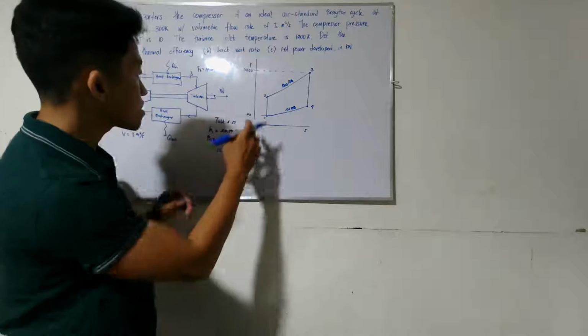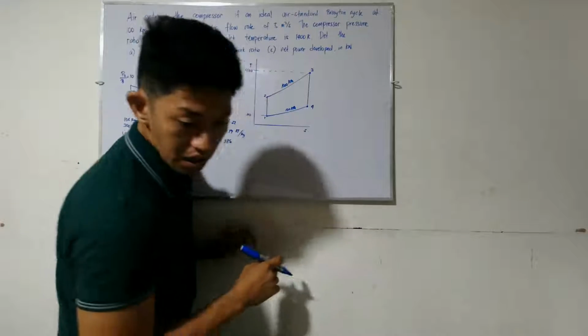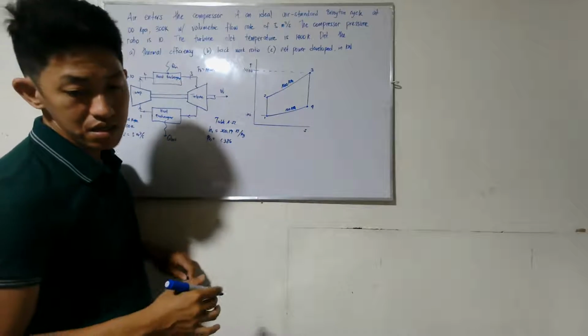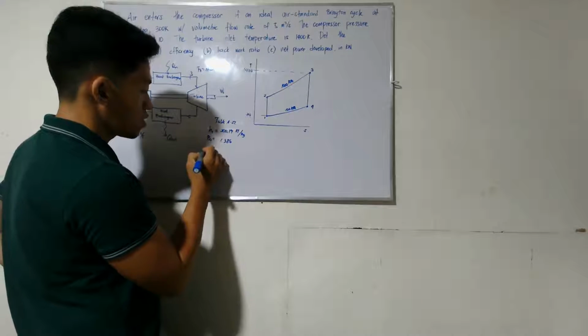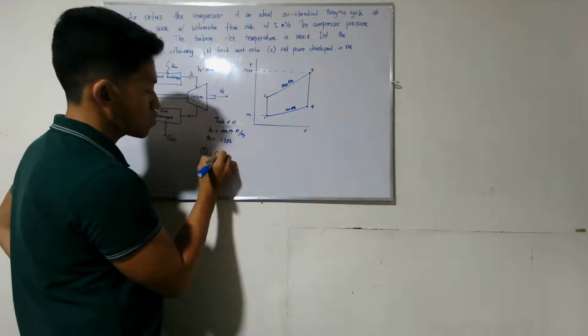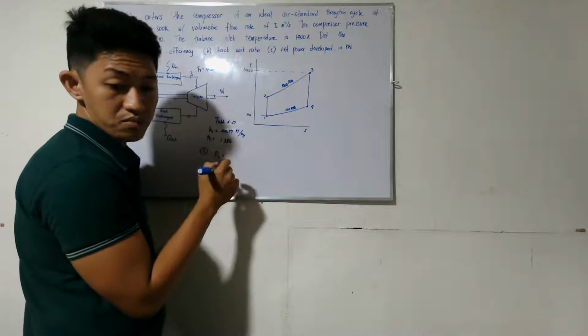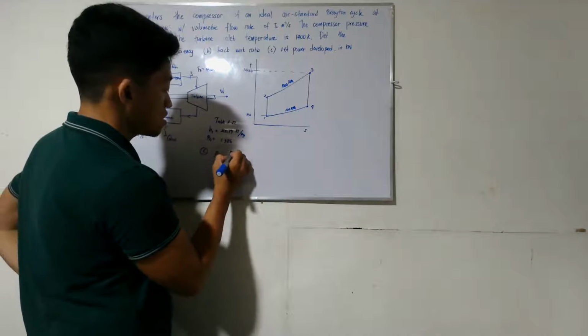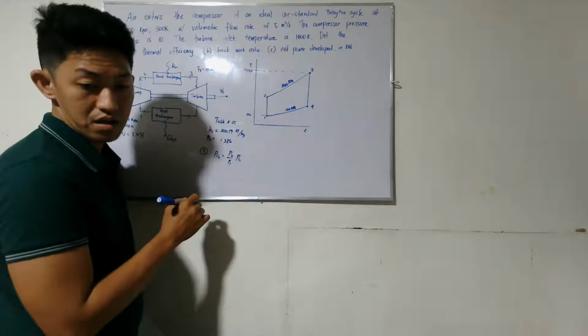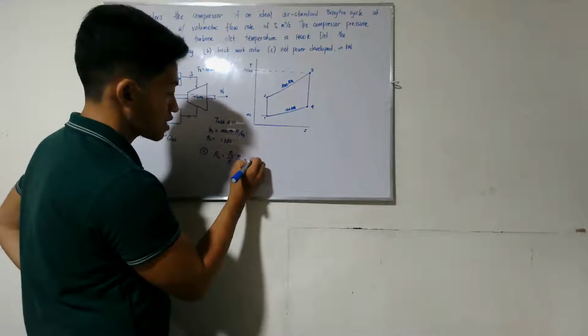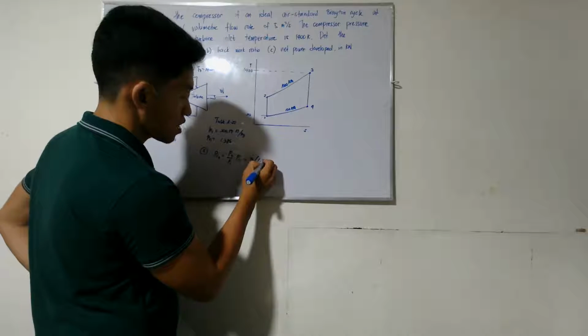Because this is an isentropic process. Okay, so let's proceed at state 2. For state 2, PR2 or the pseudo-reduced pressure at point 2 is just P2 over P1 times PR1. So you have 10 times 1.386.